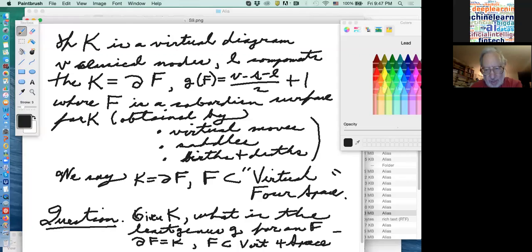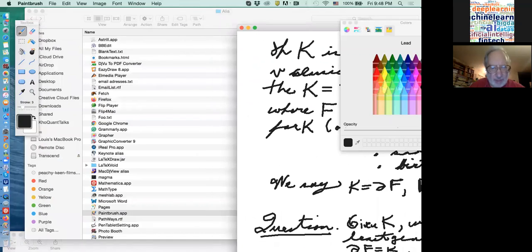And when I say a surface is in virtual 4-space, I mean it's the surface that is described by doing saddles and births and deaths like this. So this is the corresponding problem for virtual knots that is a very hard problem in general for classical knots. Now let's go to the slideshow and see some of these phenomena at a little more rapid pace.